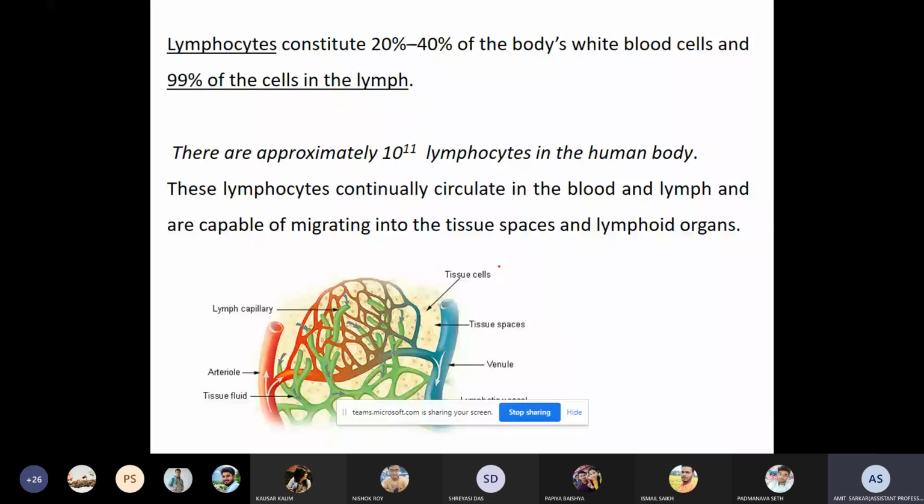Not only that, they're also capable of invading or going into the tissue space. And what is the purpose? They're trying to find out if there is any microorganism so that they can encounter it. That's why a huge number of lymphocytes are there, trying to secure your safety.